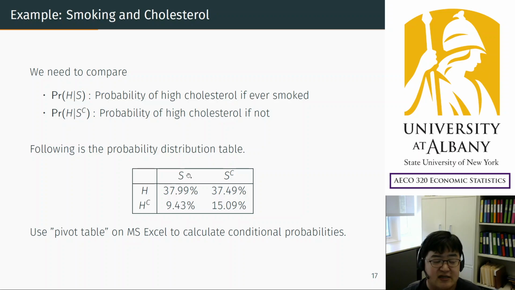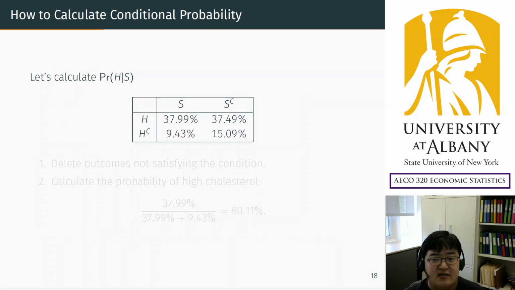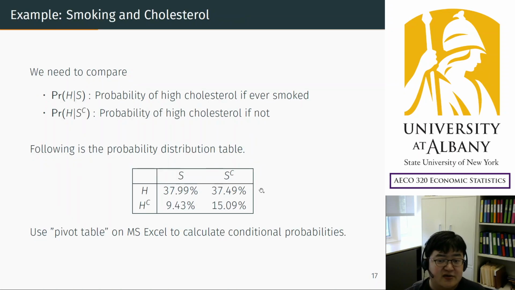In the next slide, I'm going to stop this video here. In the next slide, we are going to calculate directly from this probability distribution table so that we can extract some kind of formula in the end. But as I said, it's important to use real data and Excel.